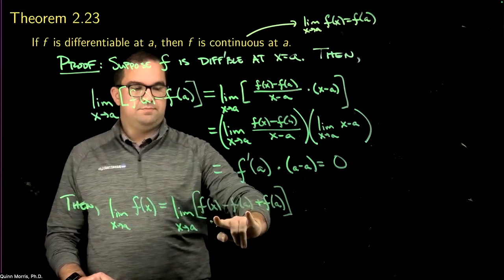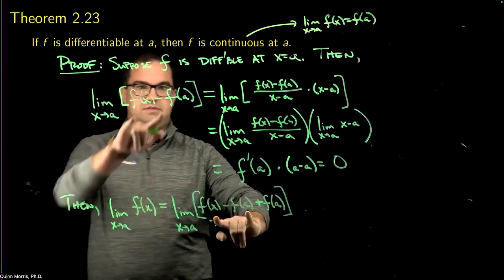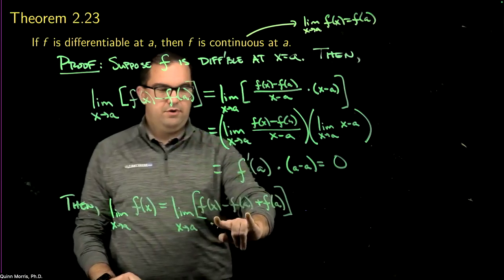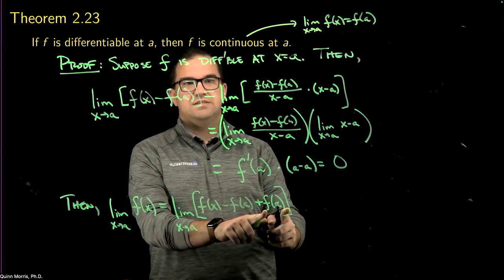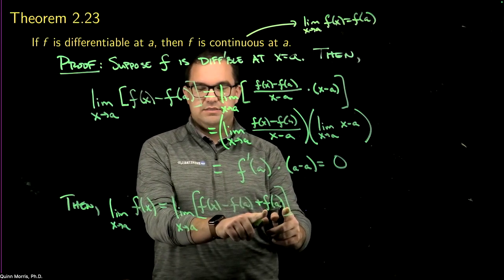I know the limit of this piece exists because I just showed that limit exists and is equal to 0. I know the limit of this piece exists because f of a is just a constant, right? The limit of any constant exists.